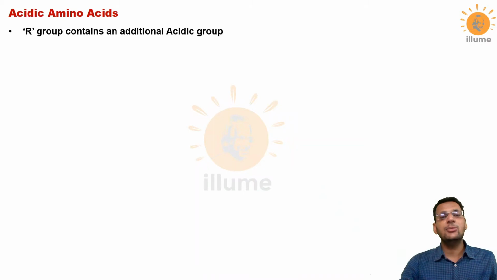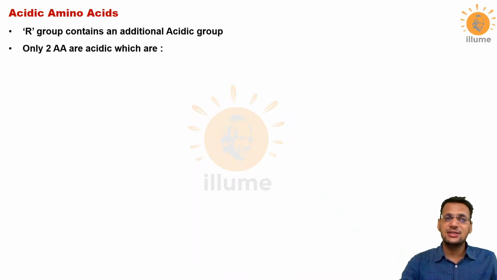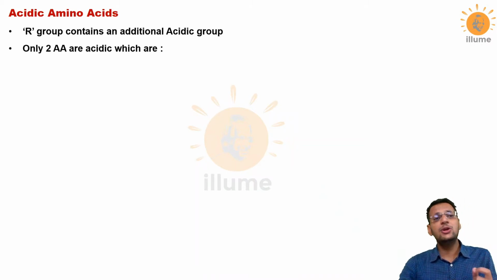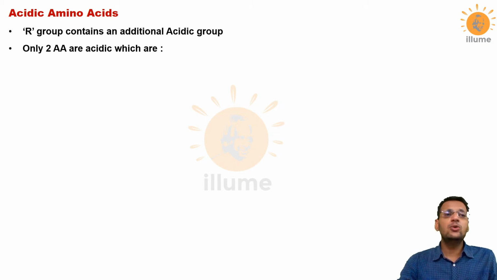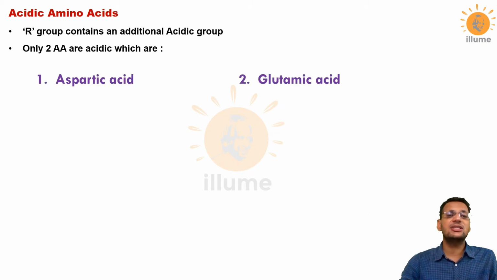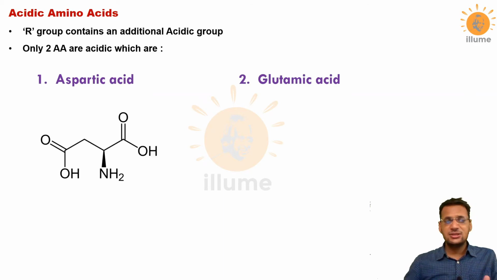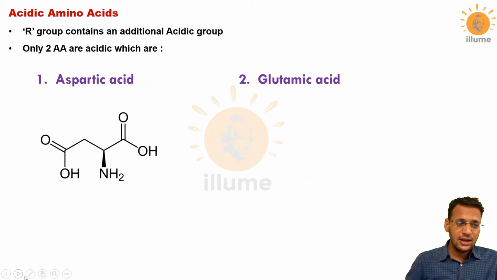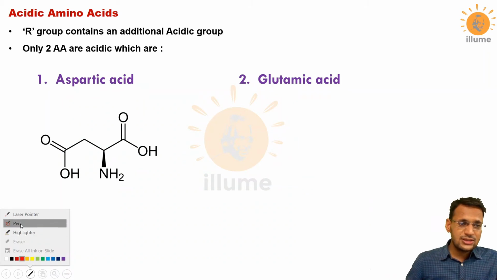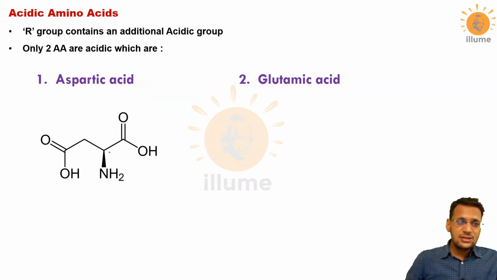In acidic amino acids, the R group contains an additional acidic group, and only two amino acids are acidic in nature, which are aspartic acid and glutamic acid. If we look at their structure, this is the amine group, which is common amongst all the amino acids.